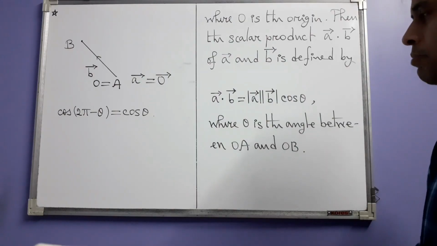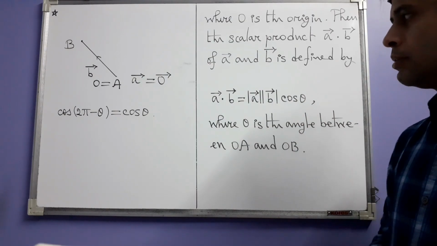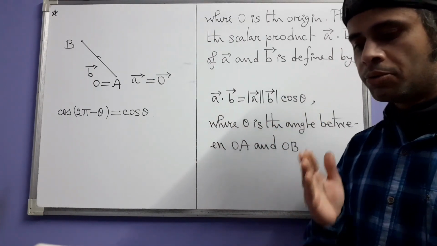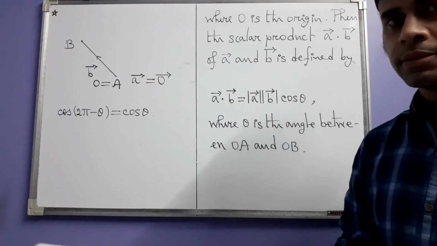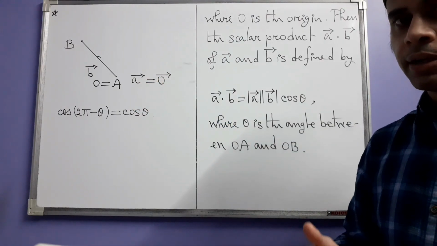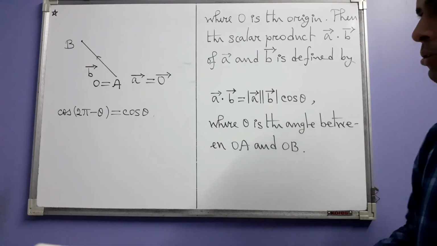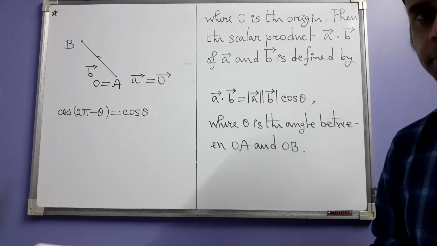But then the problem is that theta loses meaning. Theta as an angle between OA and OB no longer makes sense in this case because there is no angle between a line and a point.